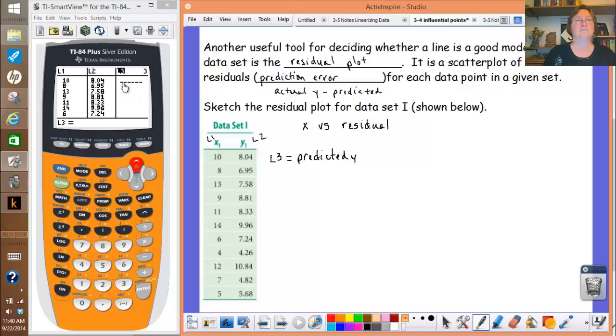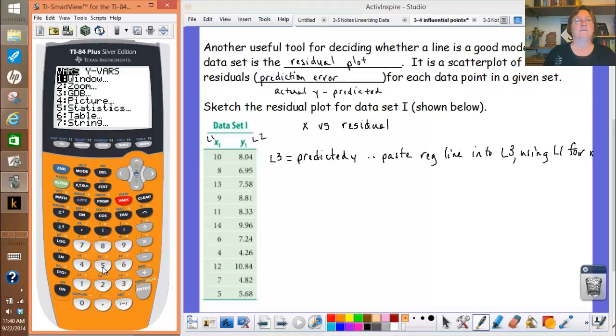On the title, we're going to ask it to paste the regression line in there. So we're going to paste the regression line into L3 using L1 for X, because that's where our data values are going to be stored in list 1. So here we go. It's going to be a vars, a 5, an over, an EQ, the same way that we pasted before.